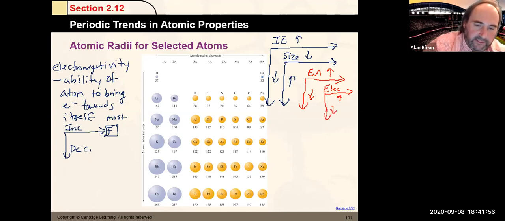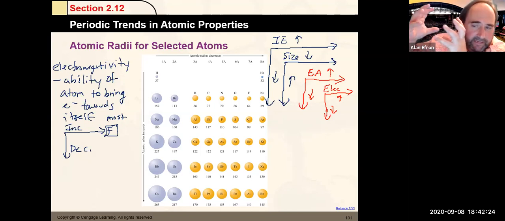So what all these trends tell us is, if we go up and to the right on the periodic table, we have things that are small in size, which means that even the outermost electrons are going to be closer to the nucleus. That means they're going to be held tighter, so it's going to be very hard to remove electrons.